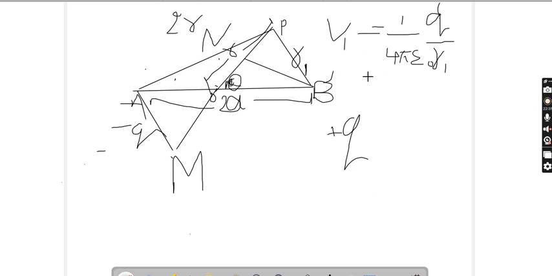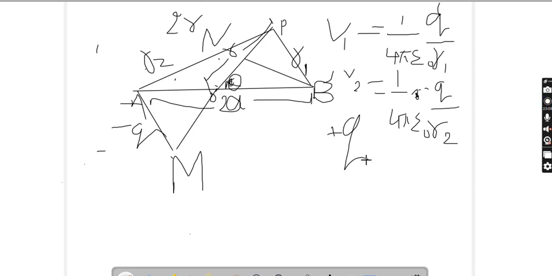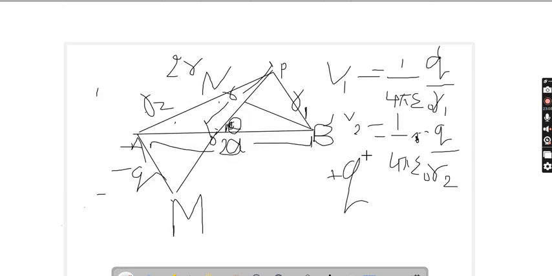So the electric potential due to a negative charge V2 is equal to 1 divided by 4 pi epsilon naught into minus q divided by R2. This is R2.